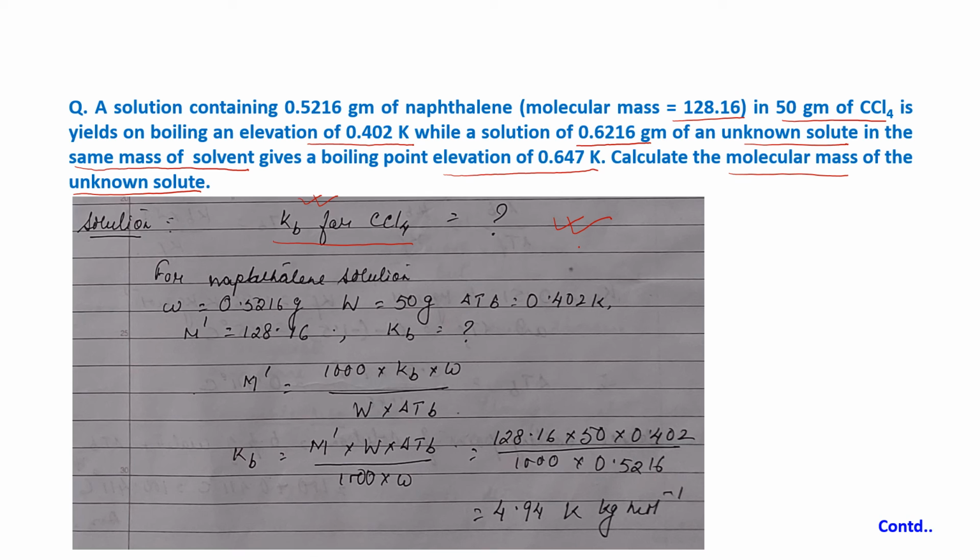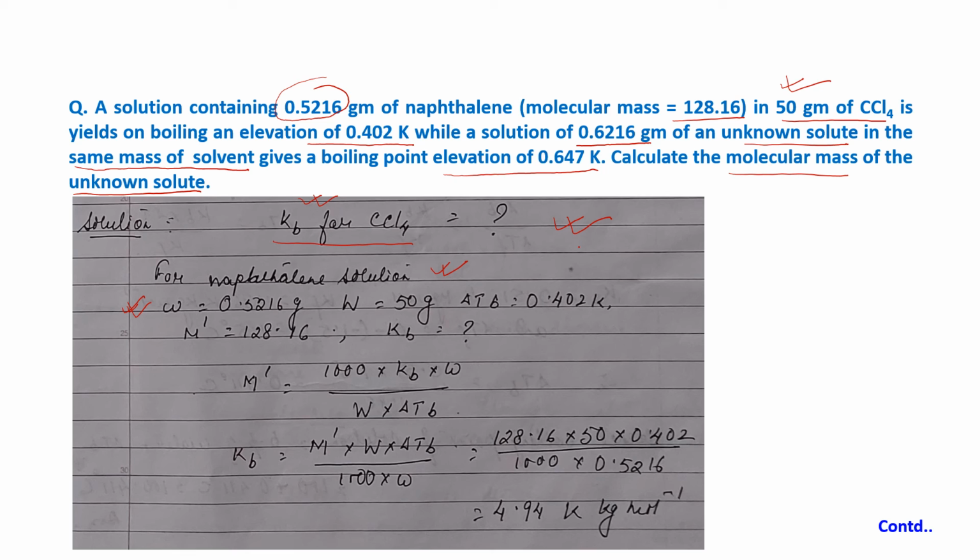So let us first find out the value of Kb for CCl4. For the naphthalene solution, small w, that is the mass of the solute, is given here as 0.5216. Capital W is 50 gram.